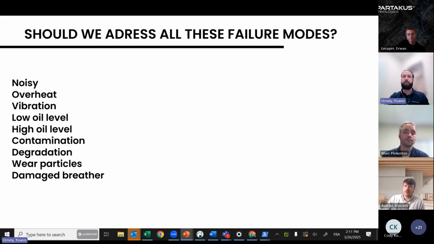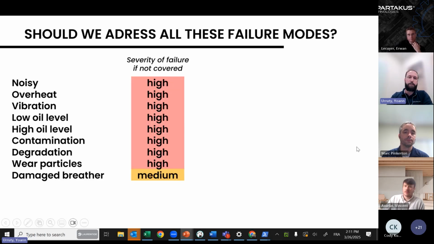It has to come back to the risk associated with each of these failure modes. So for example, you can look at the severity of a failure if not covered. For example, there's a high chance that if you hear a noisy gearbox, or if you have high contamination in a gearbox, or wear particles, in the end, it's going to damage the interior of your gearbox, whether it's your gears or a bearing or whatnot.